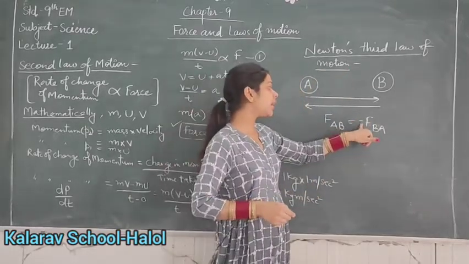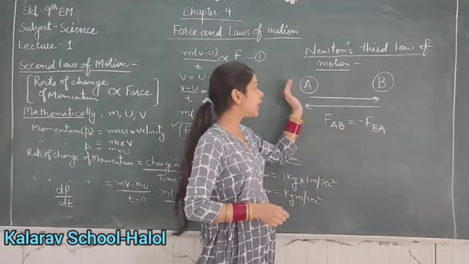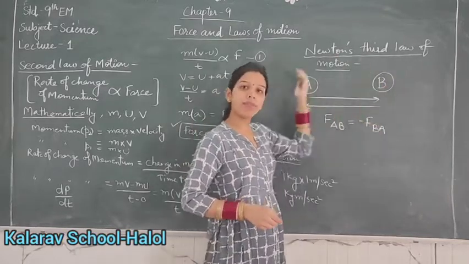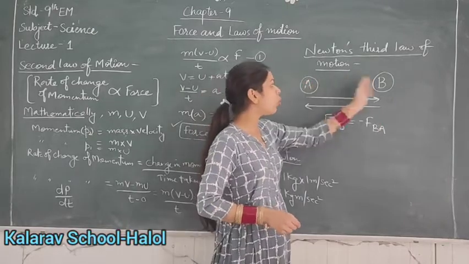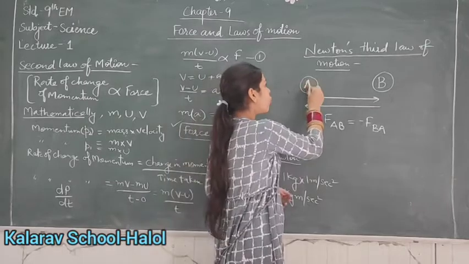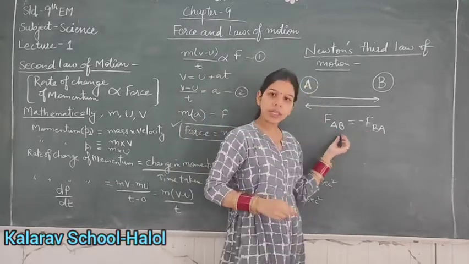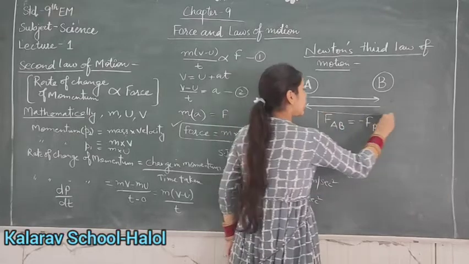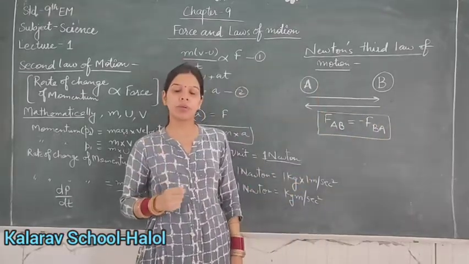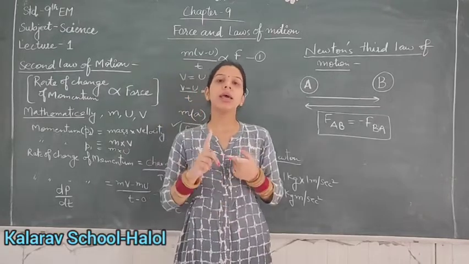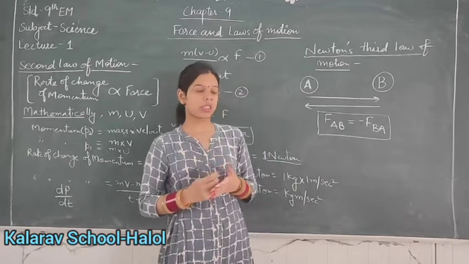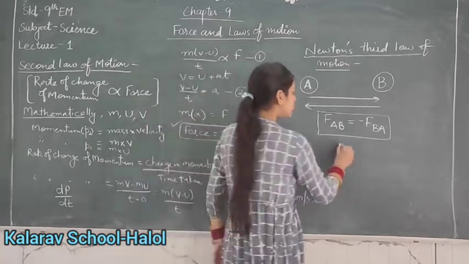The negative sign indicates that if A applies a force on B and similarly B applies a force on A, then both have equal force, but the force is in the opposite direction. This is the statement of Newton's third law of motion: to every action there is an equal and opposite reaction. So next is momentum.